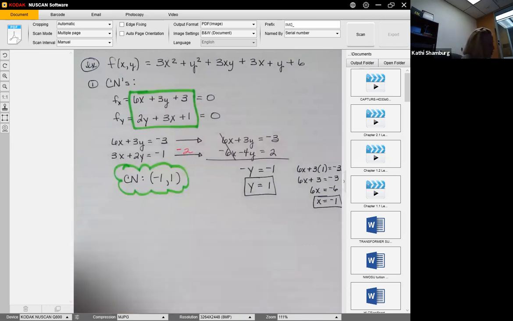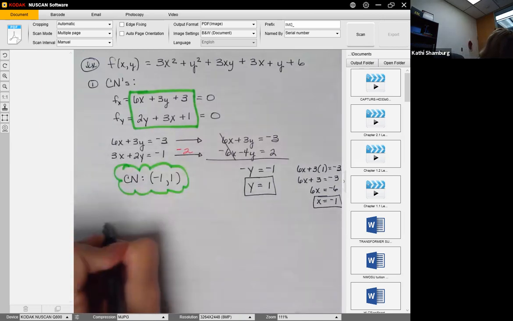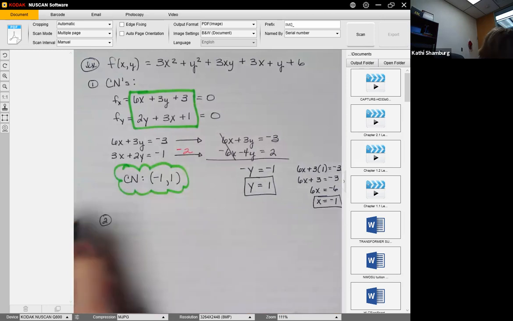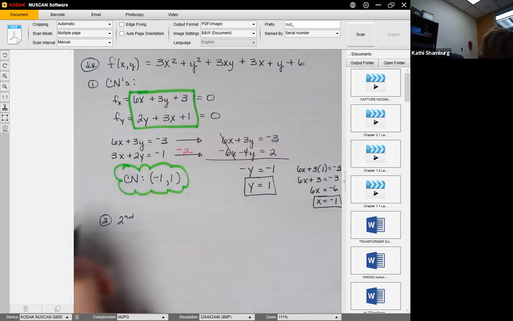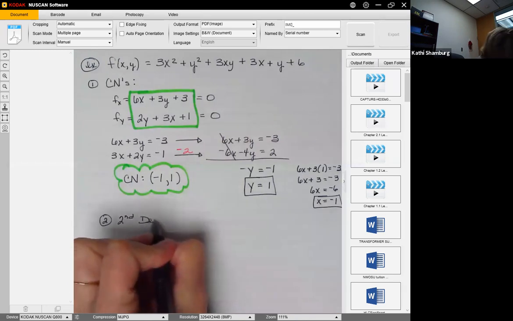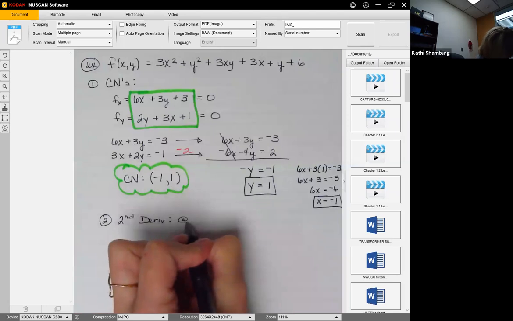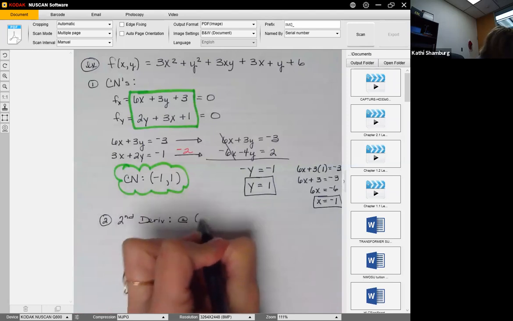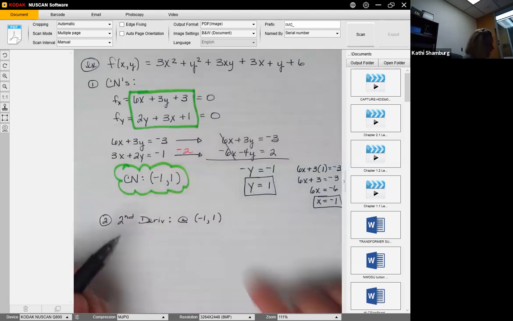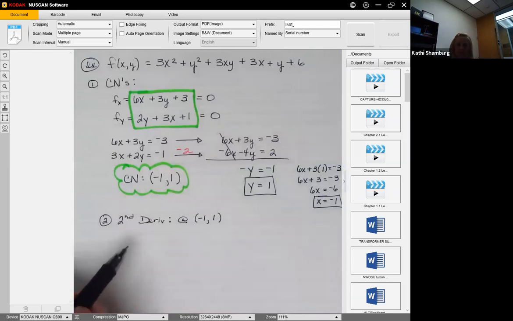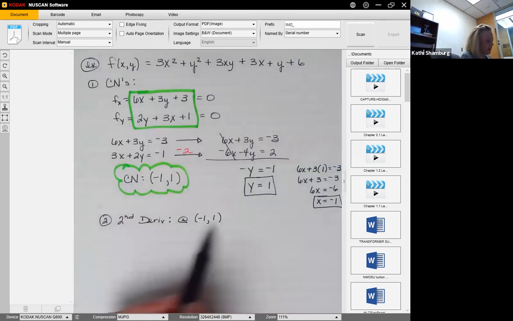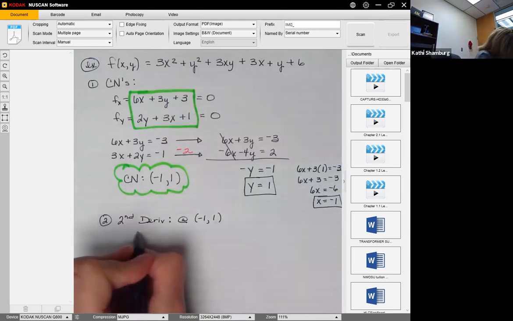Then step 2 is finding the second derivatives, and we're going to do this at (-1, 1). If there are any variables left in the second derivative, we would substitute these in. But let's take a look at what happens.